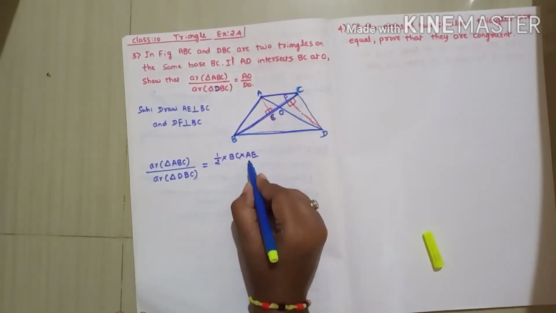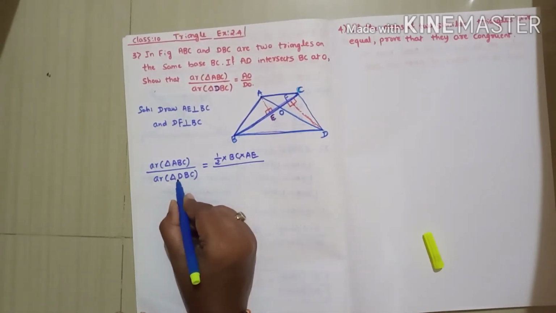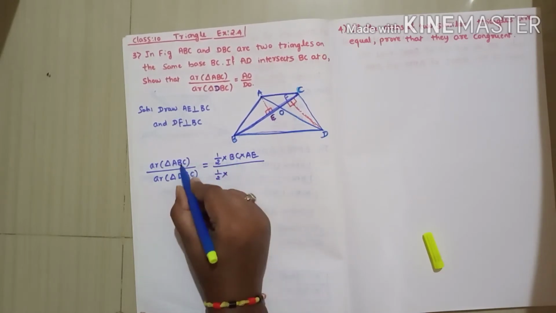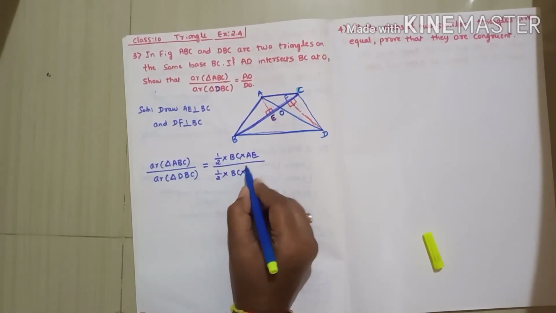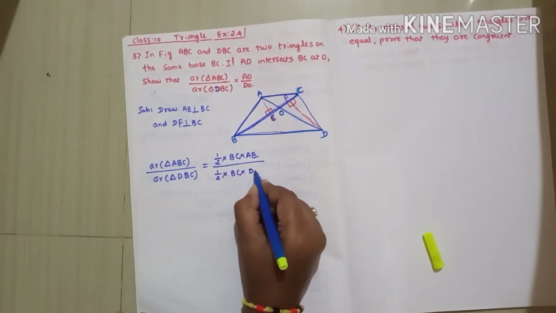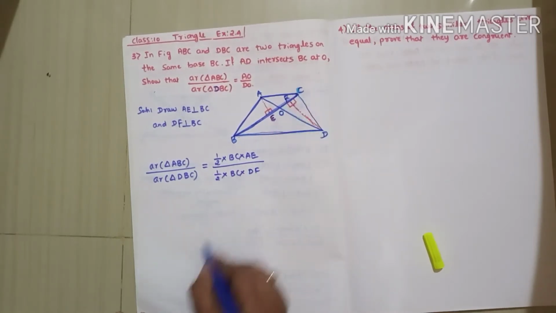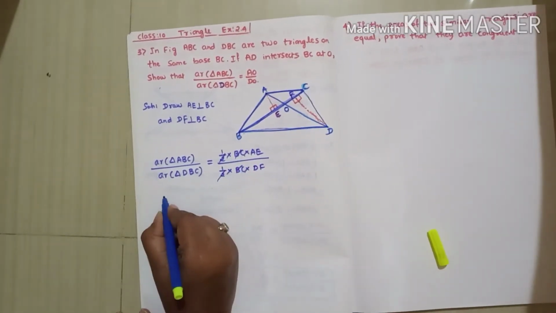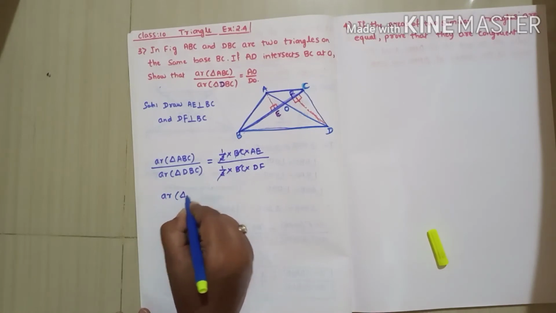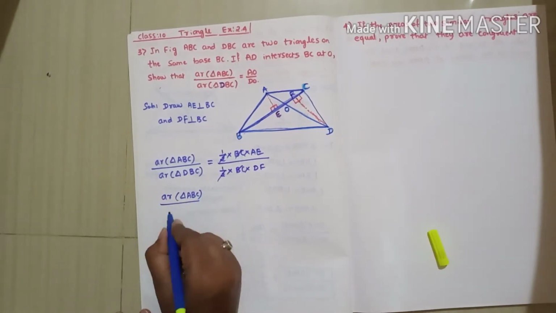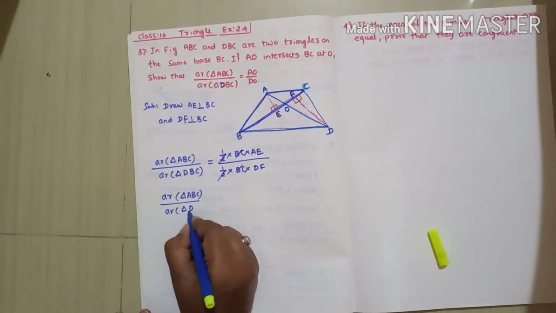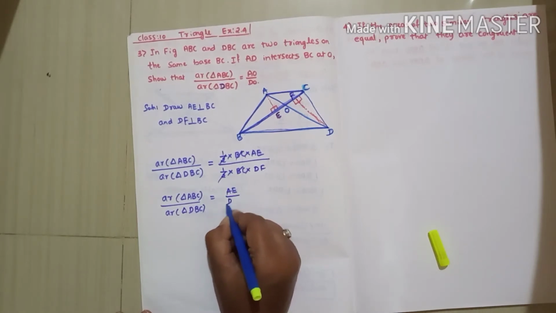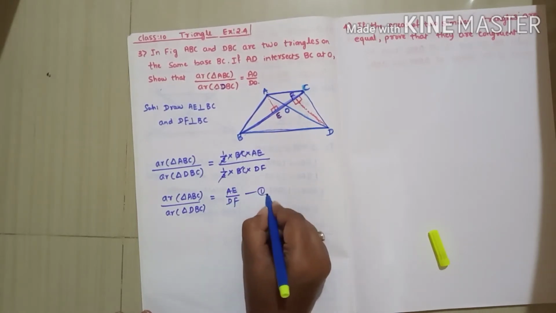So here base is BC, height is AE, divided by, for triangle DBC, half into the common base BC into height DF. Now half will get cancelled, BC will get cancelled. So what remains here? Area of triangle ABC divided by area of triangle DBC is equal to AE divided by DF. This one, take as equation 1.